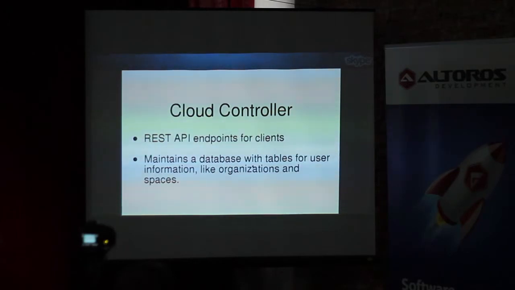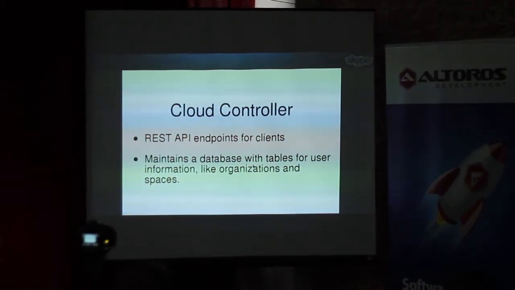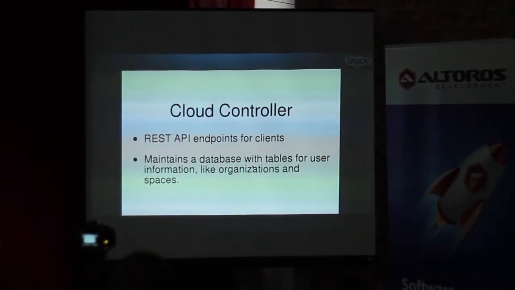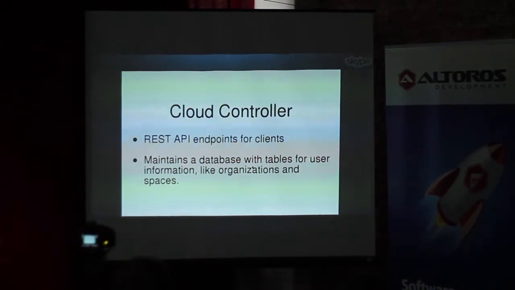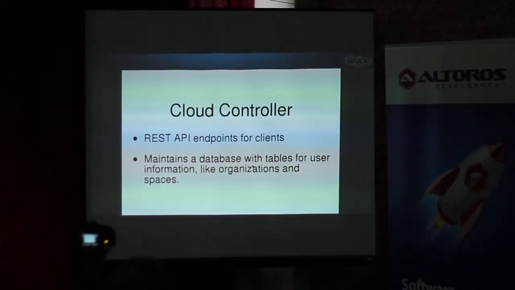The Cloud Controller is a REST API with endpoints for clients. That means, for example, when you are pushing an application to the Cloud Foundry platform, the main component attending that request is the Cloud Controller. It also maintains a database with tables for user information, like organizations and spaces.